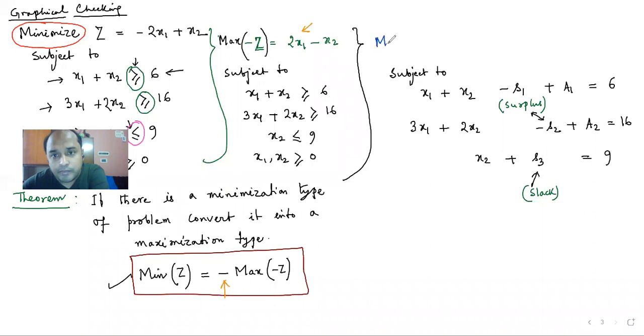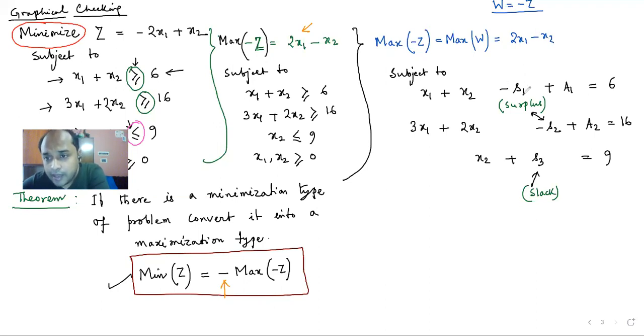We are going to make it max of minus z. Let us give it a name. We can call it max of w. If you have any problem with minus z, you can put w and give it another name. Max of w. So the problem has become a maximization type of problem. 2x1 minus x2, and then you put the contributions of the slack and the surplus in the objective function.